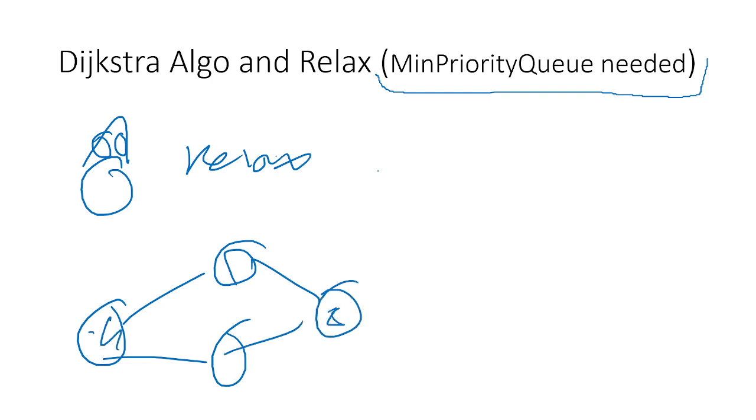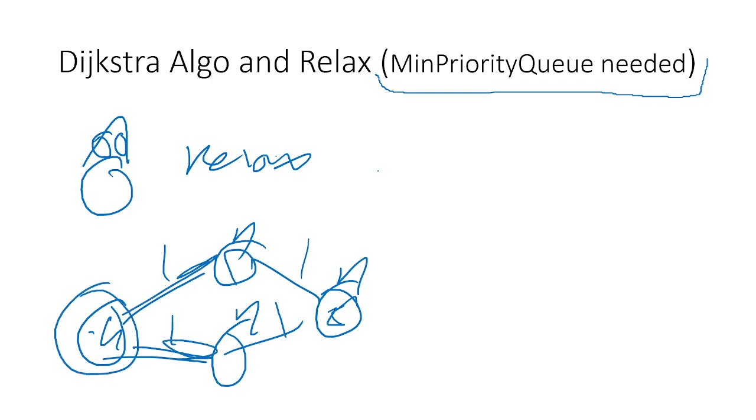This is my end. Blah blah. They all have infinities. And then I go 1, 1, 1, 1. Well, I go here. I check the neighbors. Well, I'm connected to this one. I'm connected to this one. This has a weight of 1. This has a weight of 1. Then I pop this one. I push this one into my queue. Pop this one. Push this one into my queue.